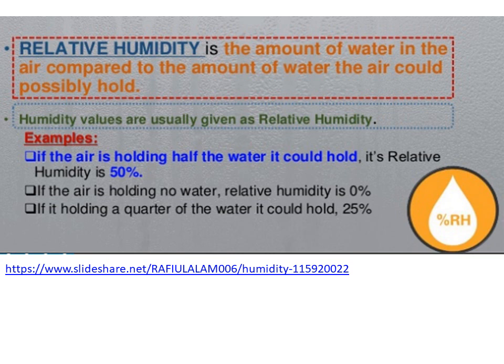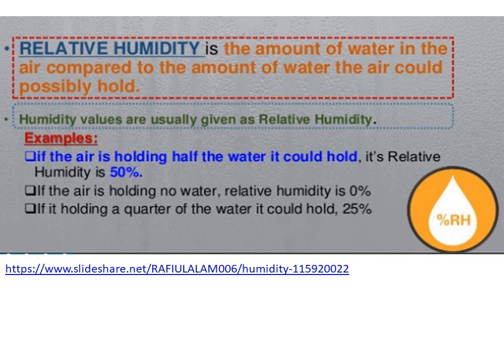Ibig sabihin, ilan pa ba yung pwedeng ma-hold ng air na water vapor. It means there is a saturation point. Pag sinabing saturation point, meron lang point kung saan yung air ay makaka-hold siya ng maximum na amount of water. So, for example, if the air is holding half the water it could hold, its relative humidity is 50%.